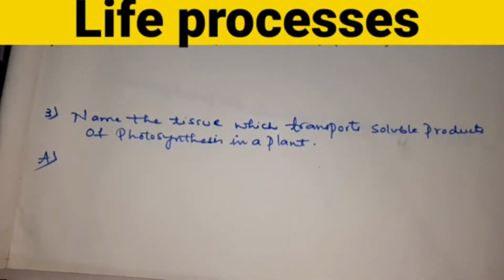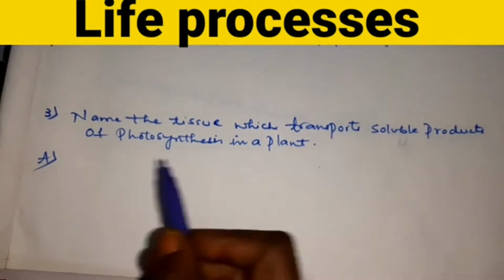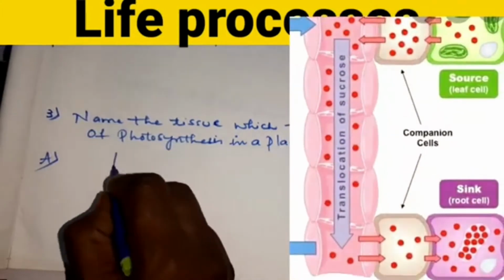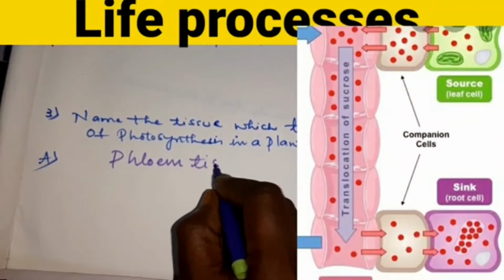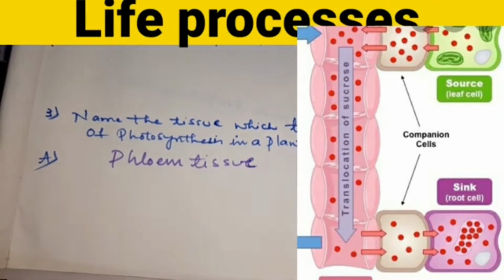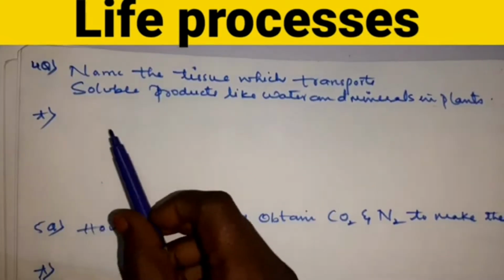Next question is, name the tissue which transports soluble products of photosynthesis in a plant. It is phloem tissue, children. Phloem tissue is also called food conducting tissue, which transports soluble products.